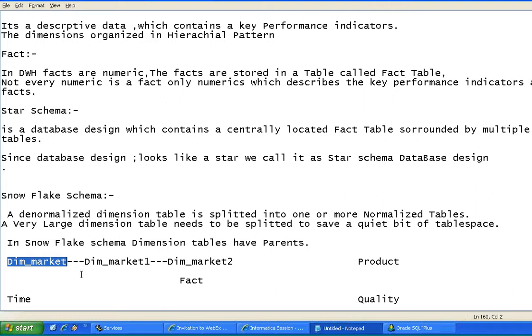If we have a very big dimension table, we split it into small normalized tables. Why do we do this? To save quite a bit of table space. And in snowflake schema, one dimension table is dependent on another dimension table, so it will have some parents. So this is the difference between star schema and snowflake schema.